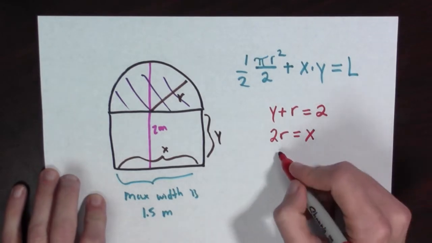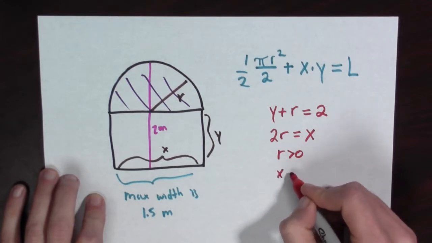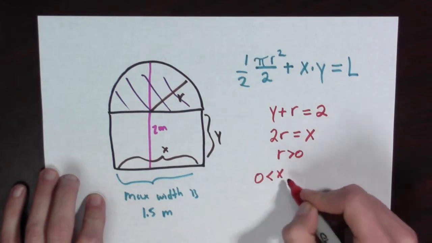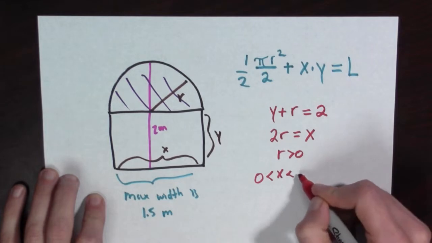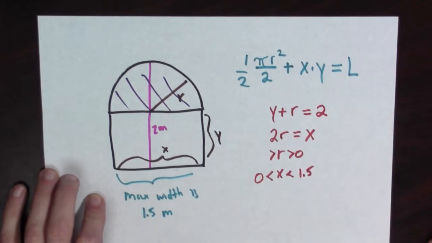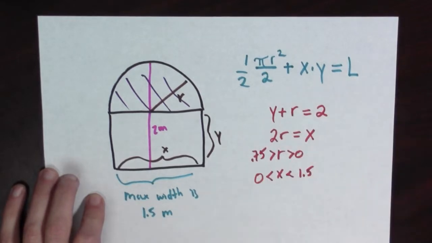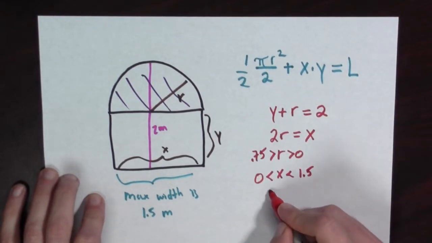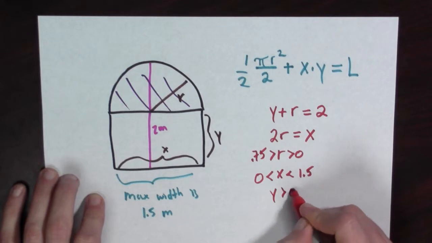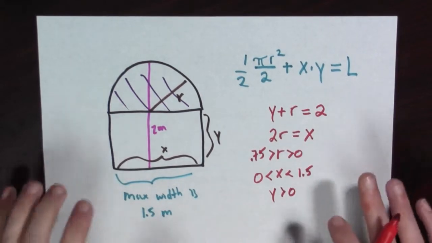Another constraint is that r is greater than 0, x is greater than 0, and it's less than 1.5. I guess we can say r is going to be less than 1.5 divided by 2, which is 0.75. And we know y is greater than 0. So these are all constraints for our problem.